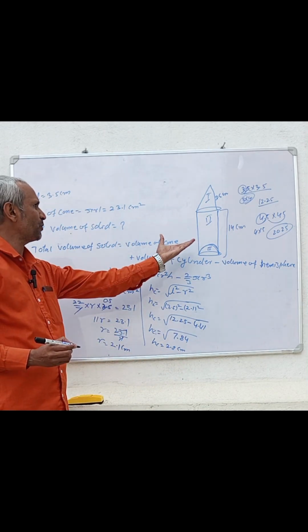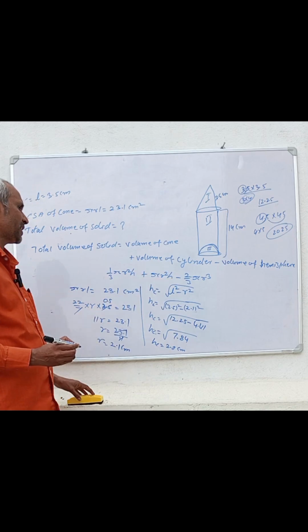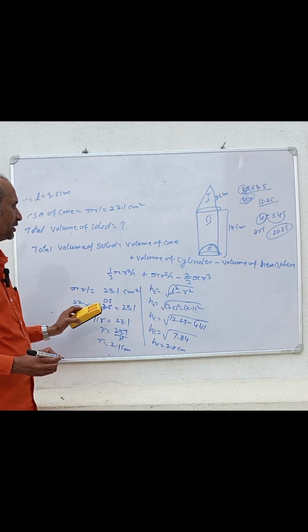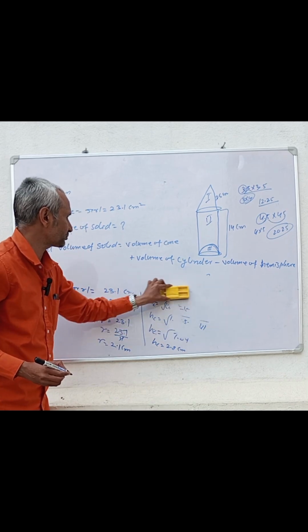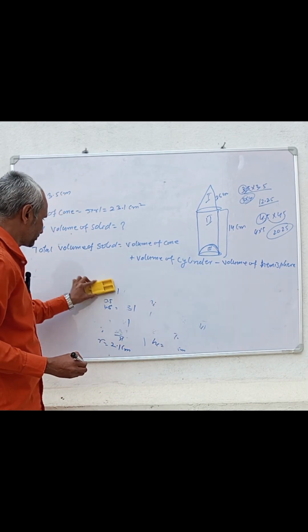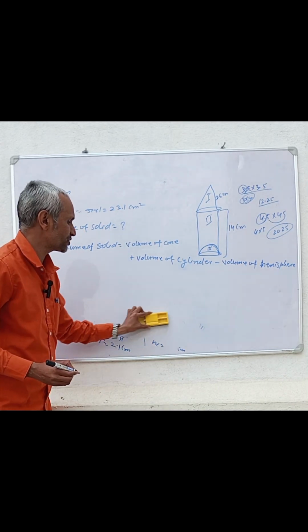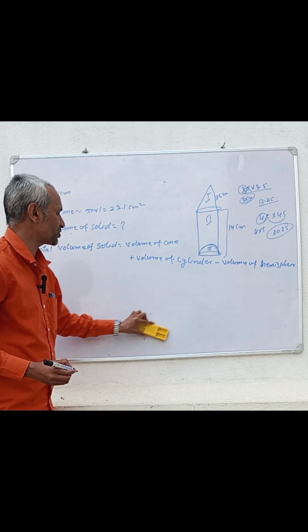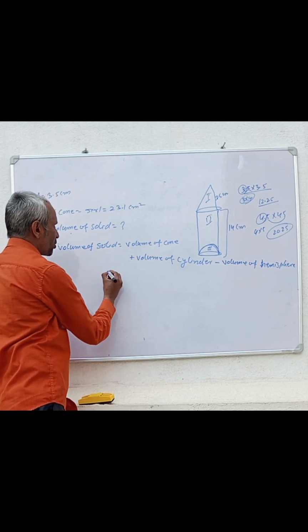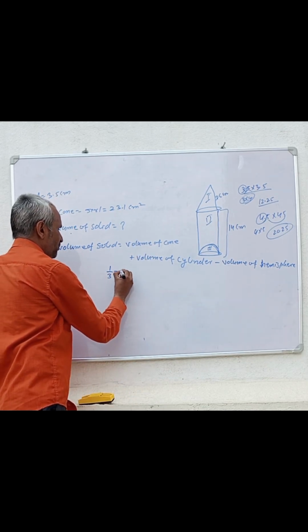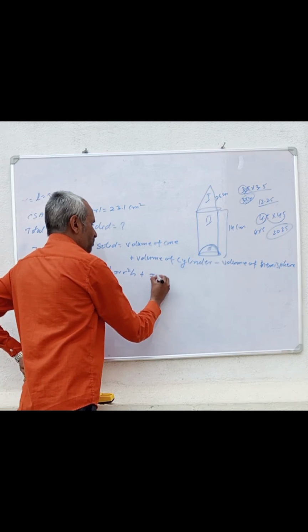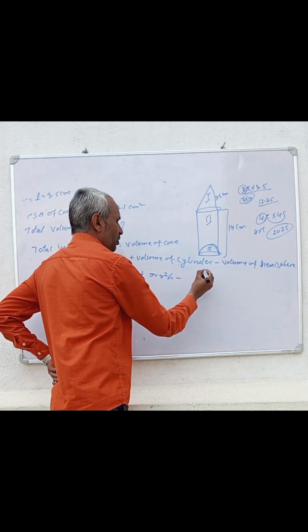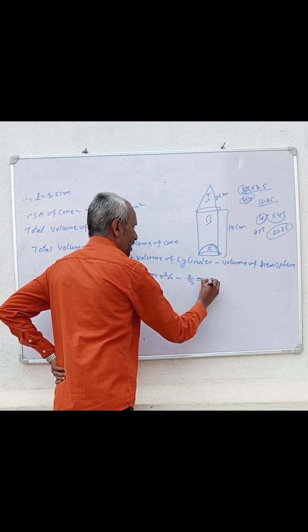Now filling the values into the formula, and the answer will come. Let's write the values. After substituting the values, we get the answer of the question. See, volume of the cone 1 by 3 pi r square h, plus volume of the cylinder pi r square h, minus volume of the hemisphere 2 by 3 pi r cube.